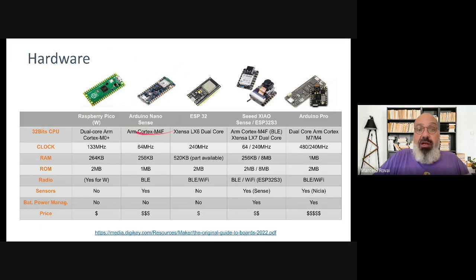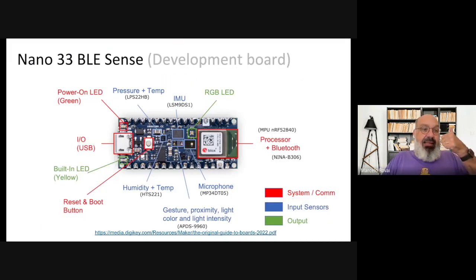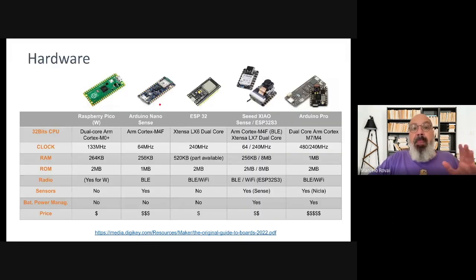For example, the most common is the Arduino Nano Sense, where you can find the microphone and an IMU, an inertial measurement unit, which is the accelerometer, gyroscope and magnetometer inside the PCB, plus a color sensor, etc. You can also have a camera, as in the case of the new XIAO ESP32S3 Sense, or you can go to the high end of the TinyML devices, the Arduino Pro line, which is the Portenta and the Nicla.